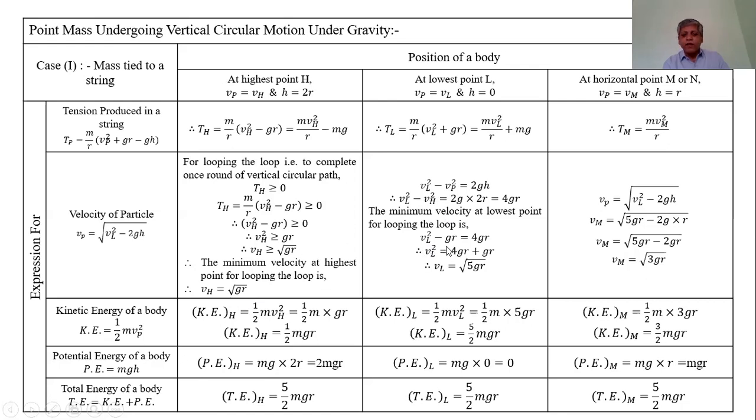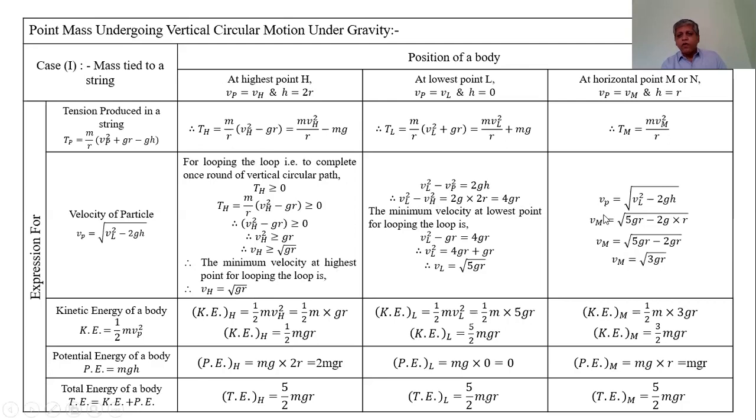That means VL square minus gr is equal to 4 times gr, and by solving it, VL square is equal to 4 times gr plus gr, that is equal to 5 gr, and therefore VL is equal to square root of 5 times gr. This is the expression for the minimum velocity required at the lowest position, found by using these equations and the expression for the velocity at the highest point.